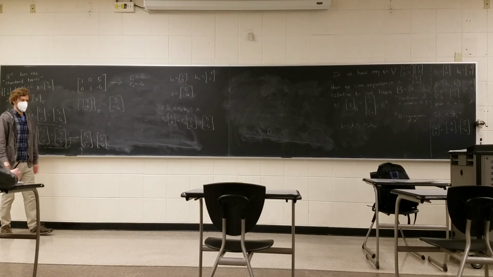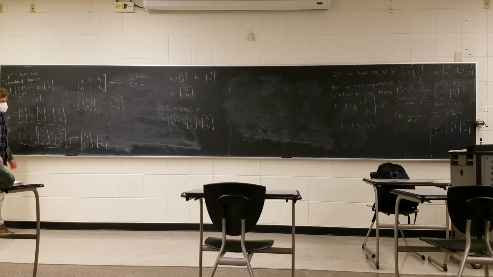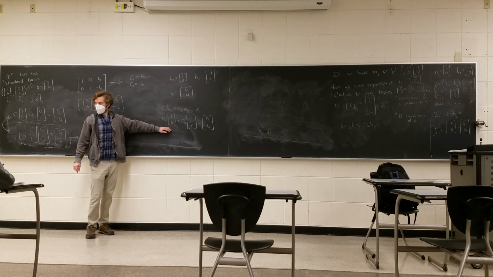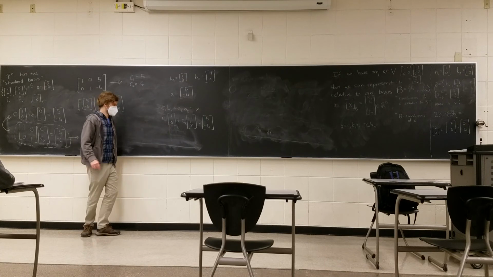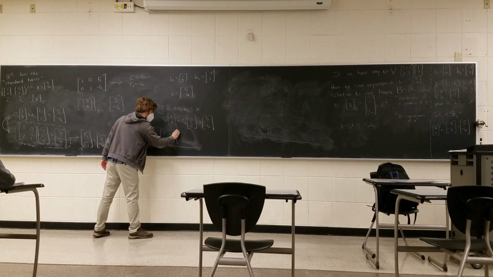I've just filled in the things that I already know. C1 and C2 are what I'm trying to figure out. So this is really the same as a matrix times a vector equals a vector equation. The matrix is first column (1, 0), second column (-1, 2), times the unknown (C1, C2).